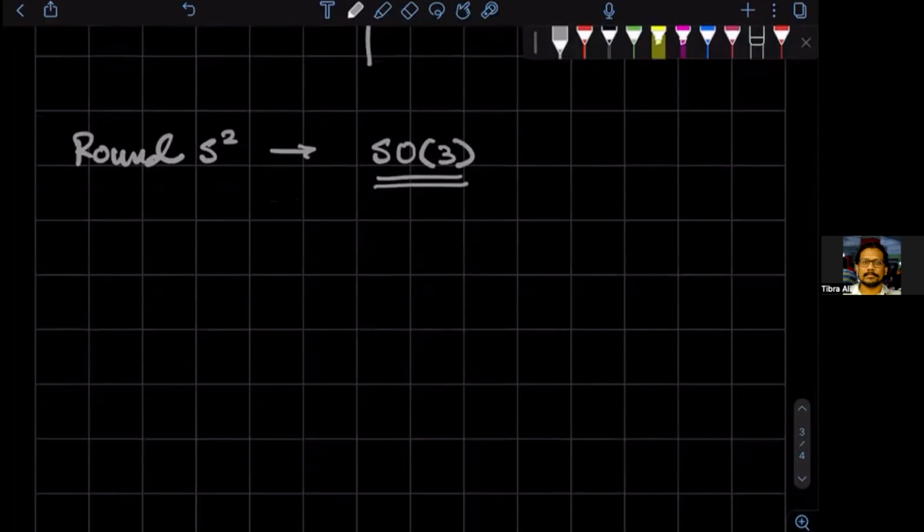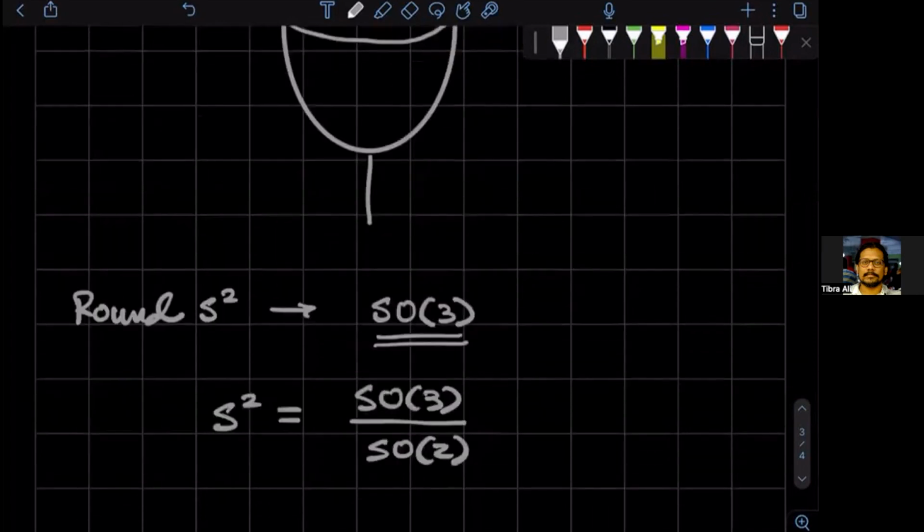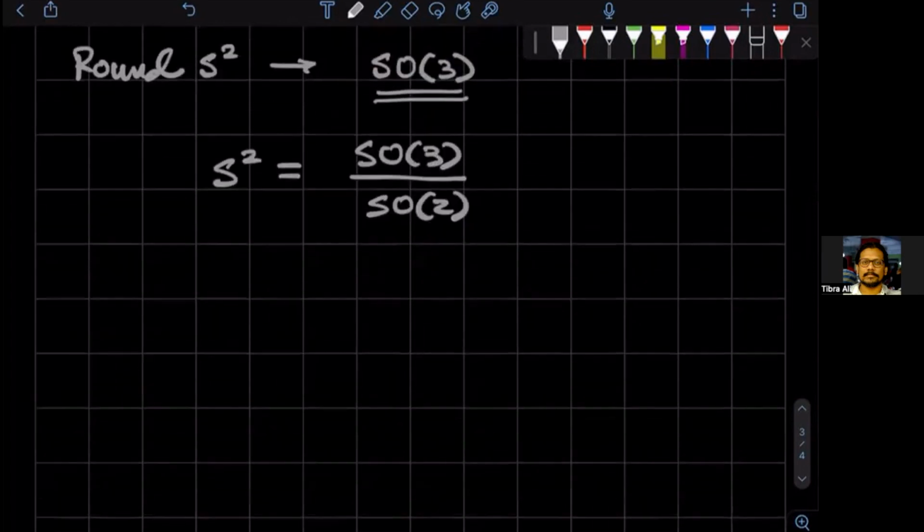And when we do the coset construction and go to Lie groups, we will see that the sphere can actually be written as a quotient space of SO3 and one-dimensional subgroups.